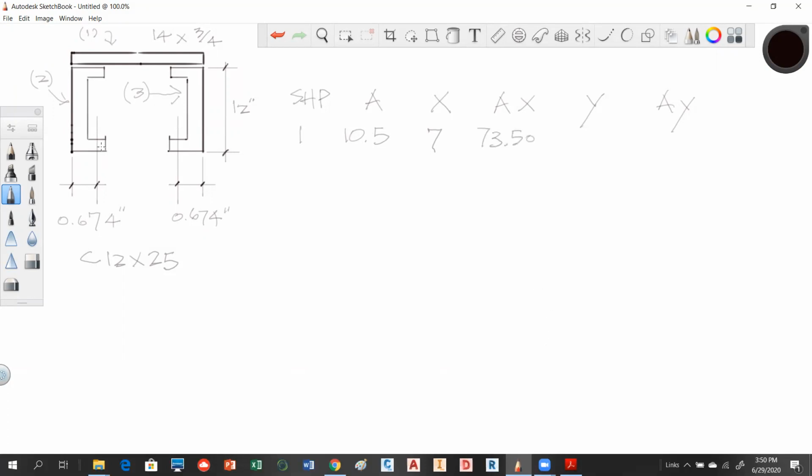Y is the distance from the origin up to the centroidal axis of this guy, the XX axis. So that's going to be 12 plus half of 3/4. So that's going to give us 12.375, to which we will multiply the area by. And that gets me 129.938.